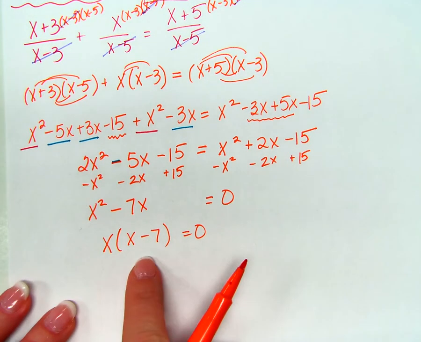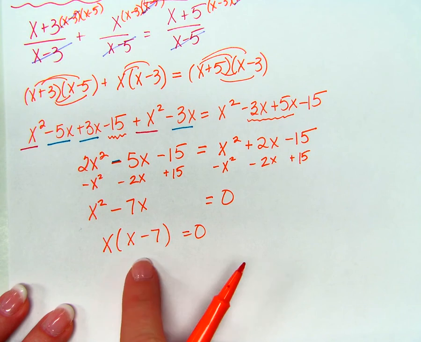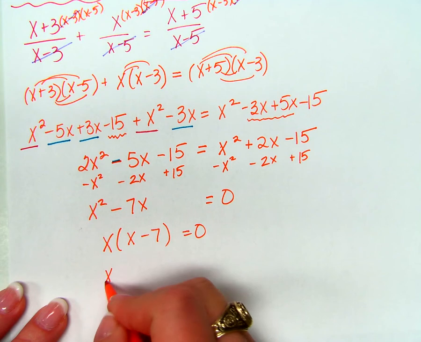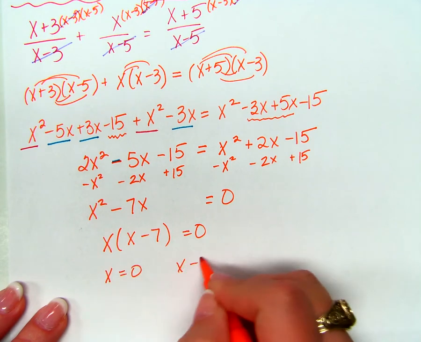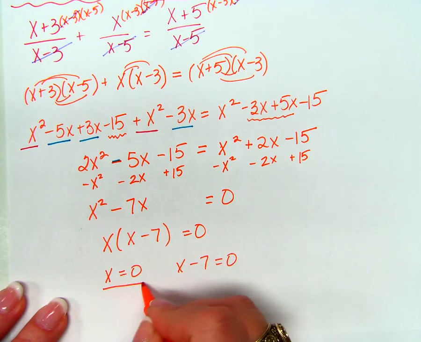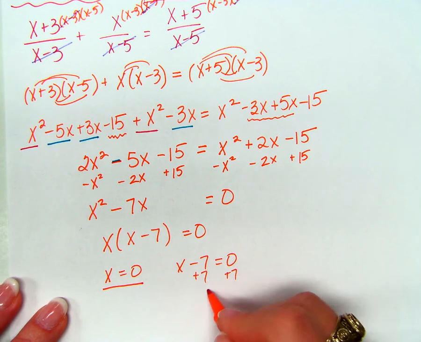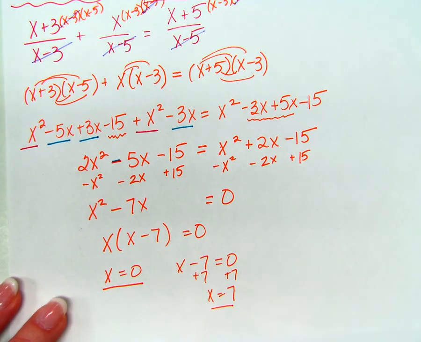So what has to be true about one or the other or both of these? Yeah, it has to equal 0. Okay, so we set them both equal to 0. Well, there's that one, right? And there's that one. Am I done? No. We want to check. Okay?